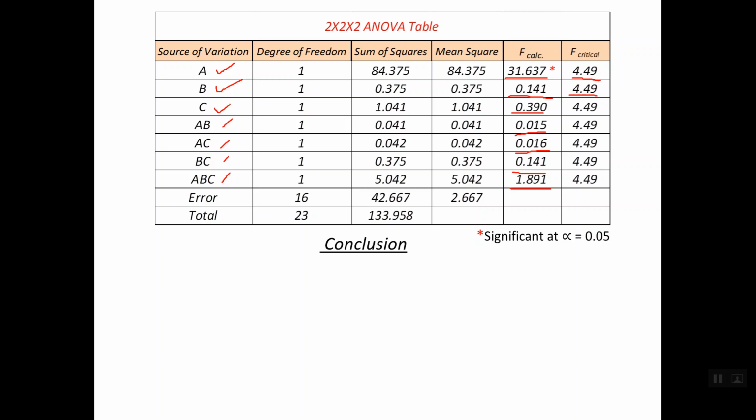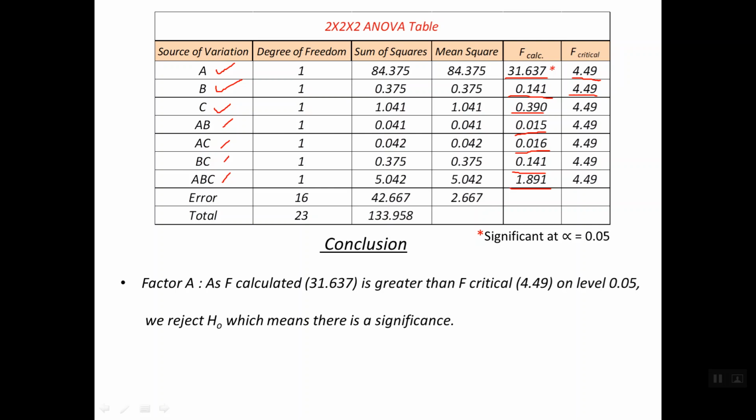So for factor A only, we have a significance at level 0.05, while for the rest, we don't have any significance. So this is the conclusion.